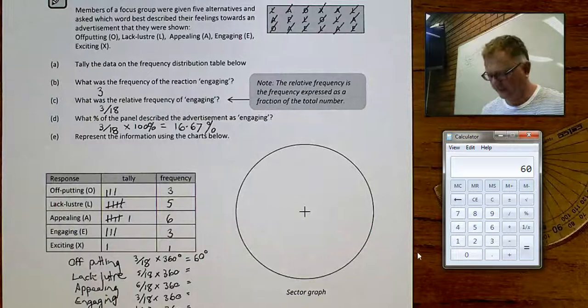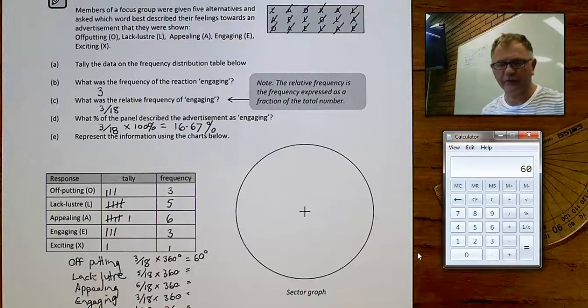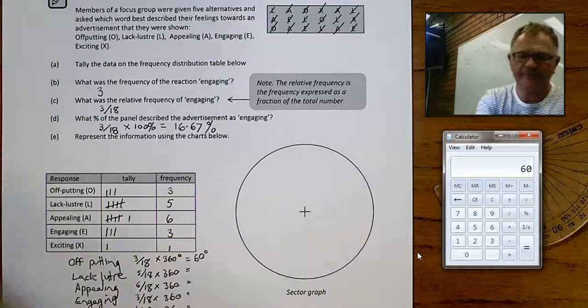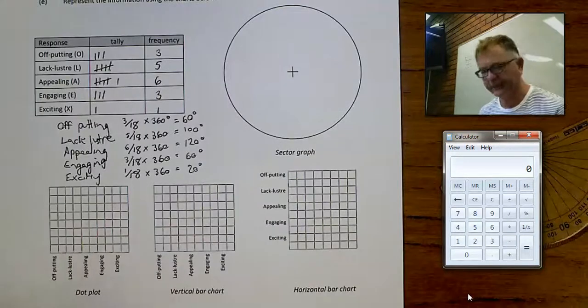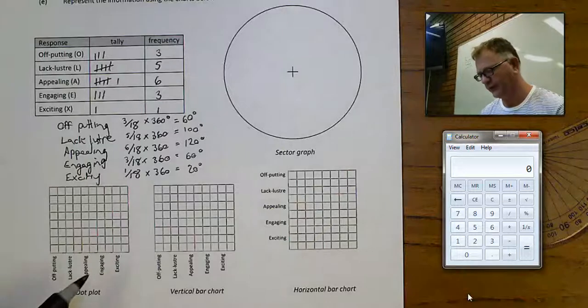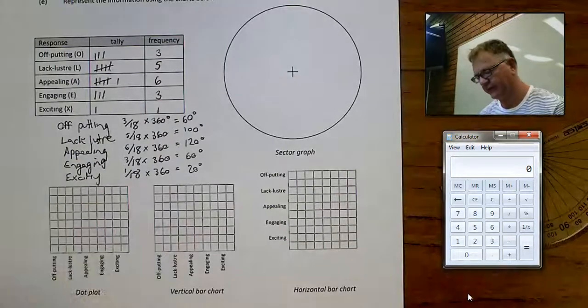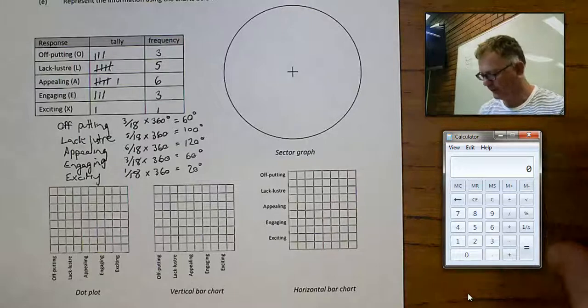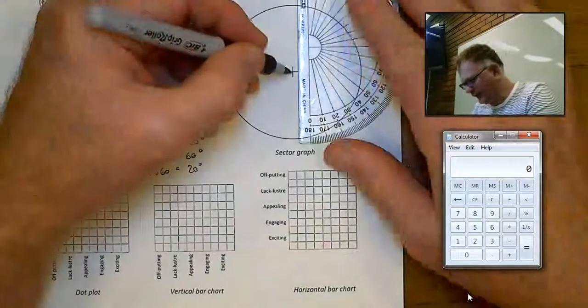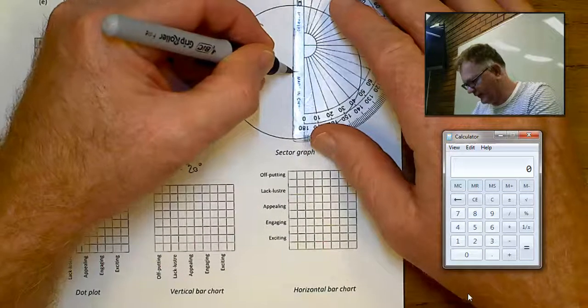Okay, now I'm going to do the calculations. You might like to do them yourself, and we'll come back and draw the graph in a second. Just pause the tape. Once you've done your calculations, it's always a good idea to check that they all add up to 360 degrees. They do. And so now we can draw our graph. Start by putting a line anywhere you like from the centre to the side.